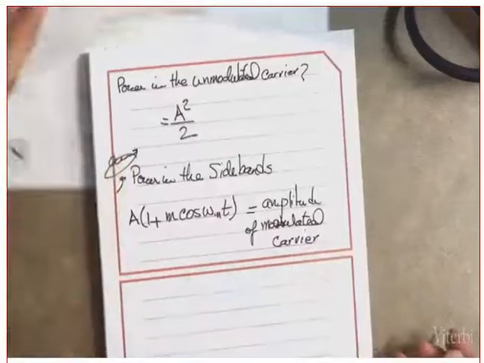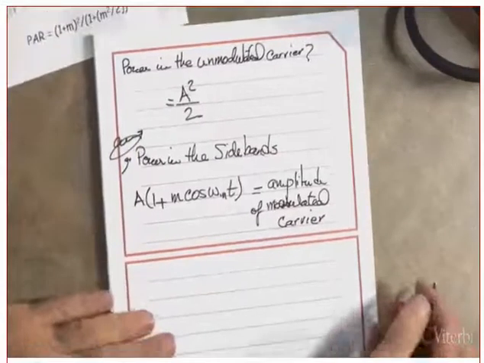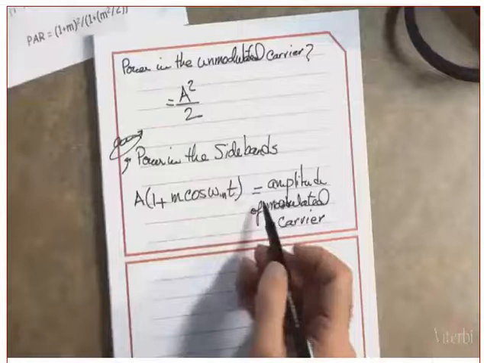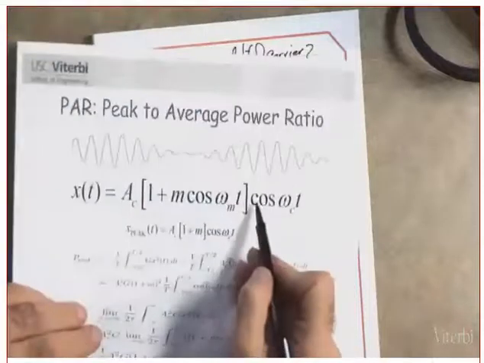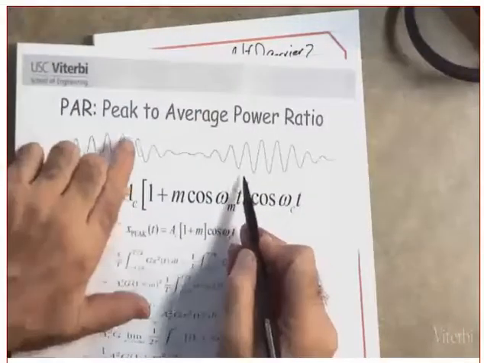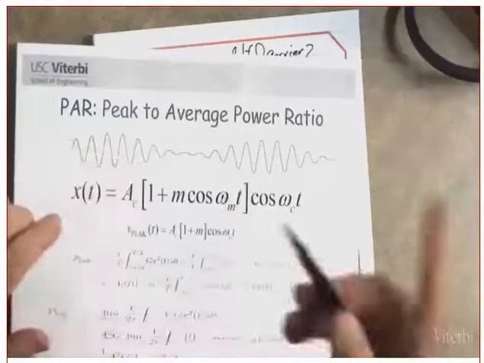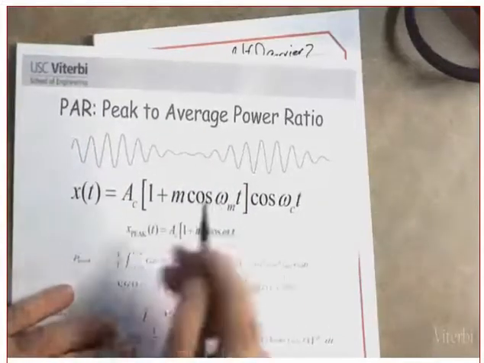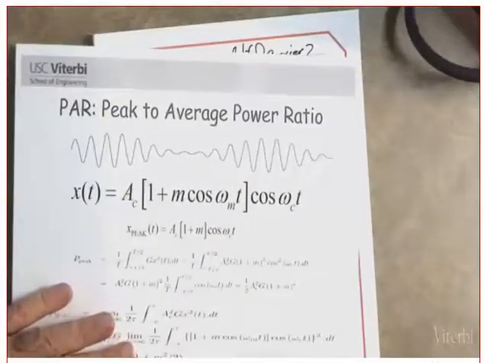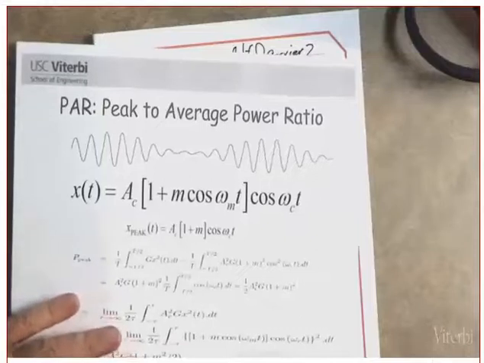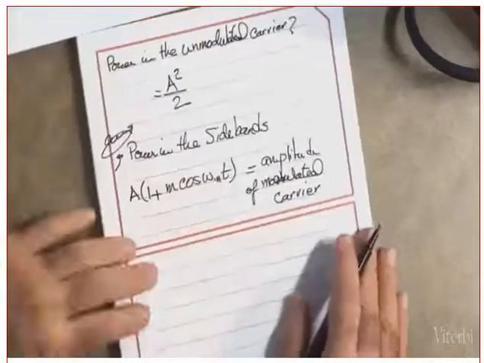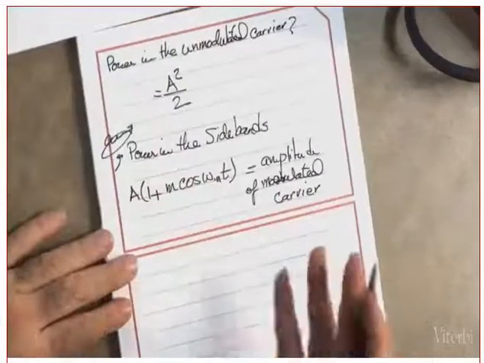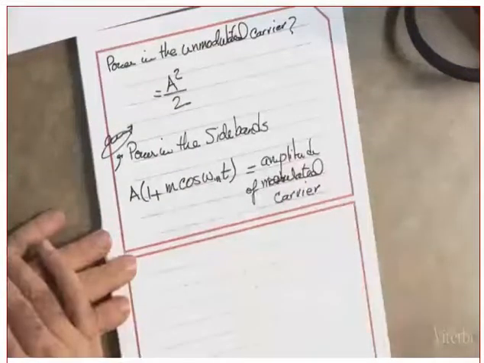Remember, this is multiplied by cosine. So is this squared over 2? Over 2. But this squared, you need to find the power in the modulating signal. Yes or no? What is it? The amplitude of the modulating carrier.